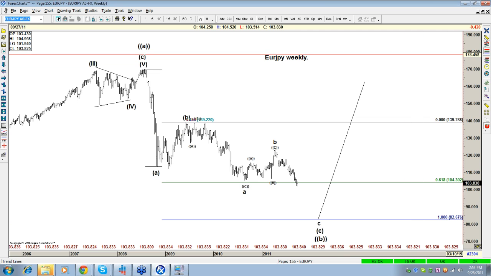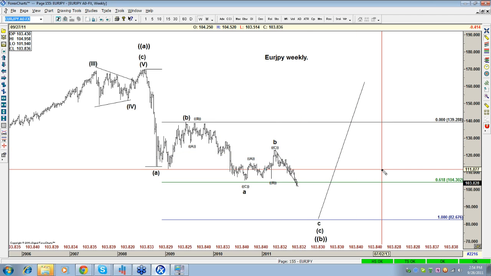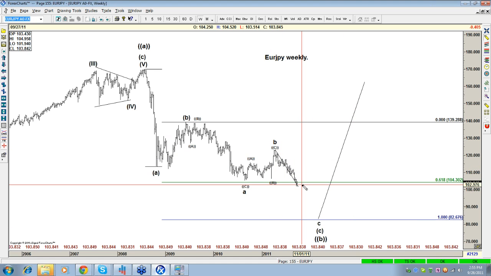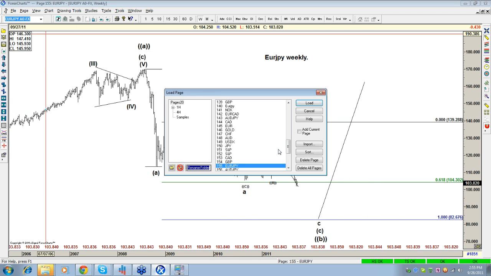Now, as a waver, you need to worry only about this move right here, because you know what the yen is going to be. So what you're expecting from here, I mean, what you're expecting there. Now, for that, you move on to the daily.